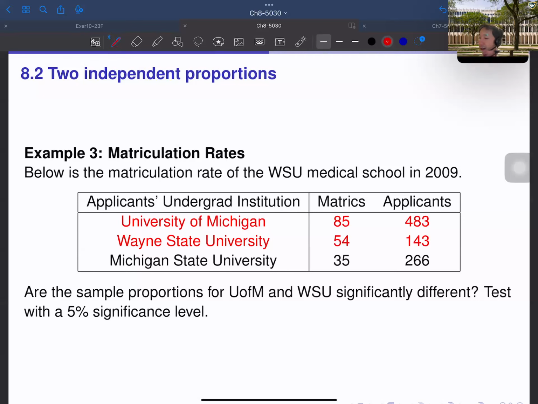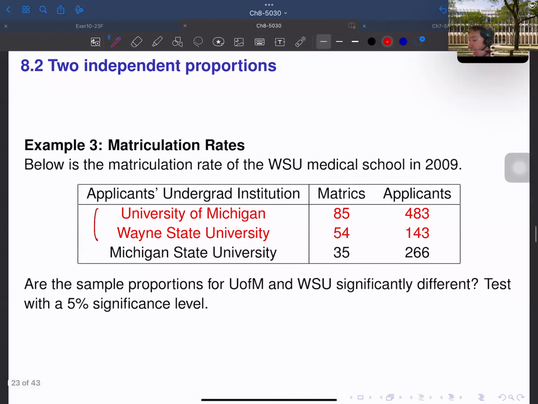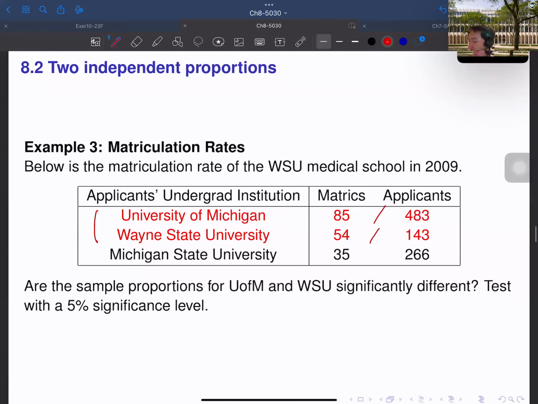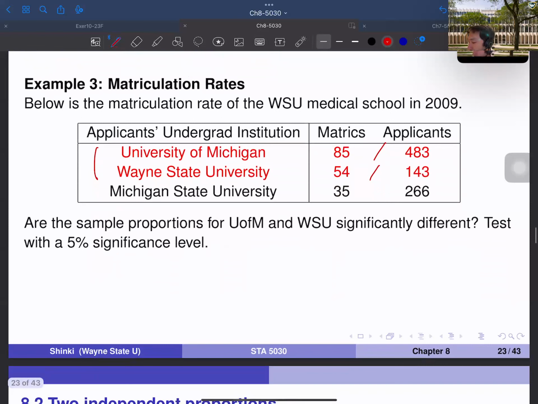For now, we want to compare these two universities, U of M and Wayne State. We want to see whether the proportions 85 over 483 and 54 over 143 are significantly different. The second is about 0.35 or so, and the first is about 0.18.